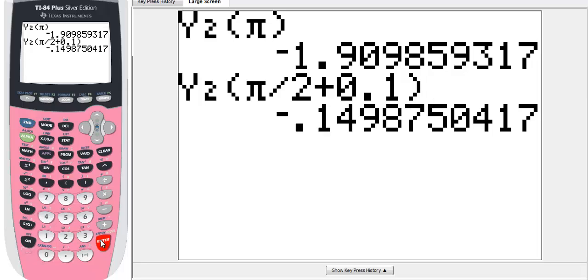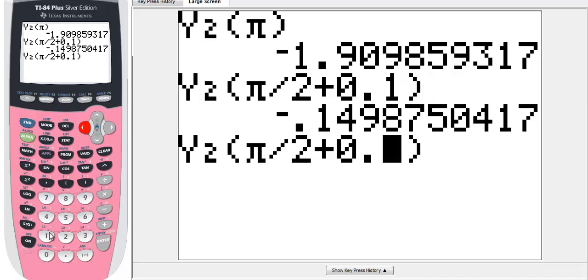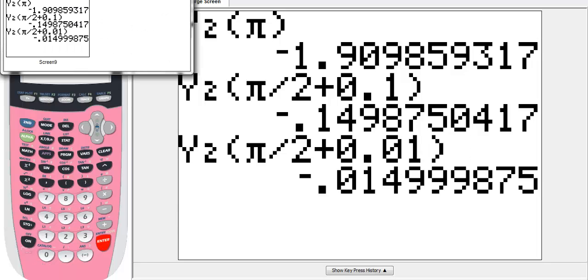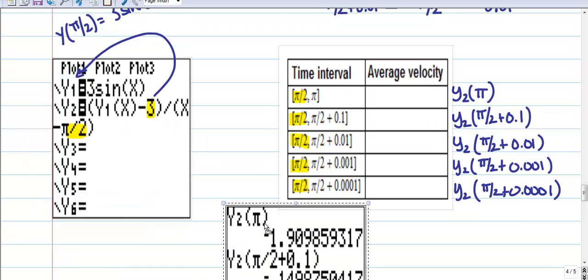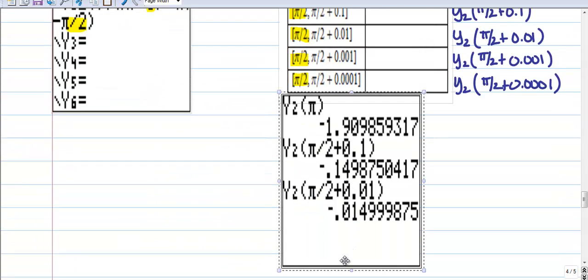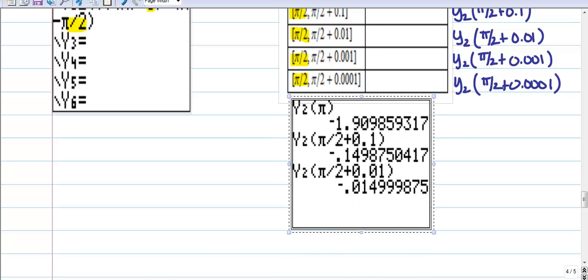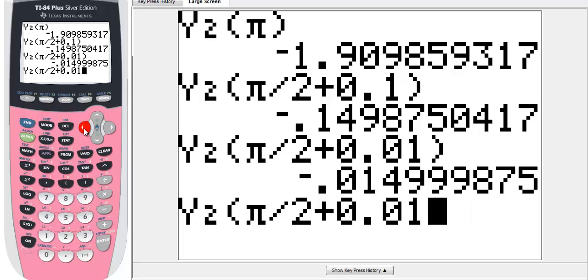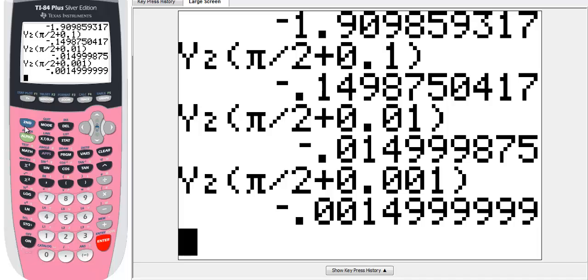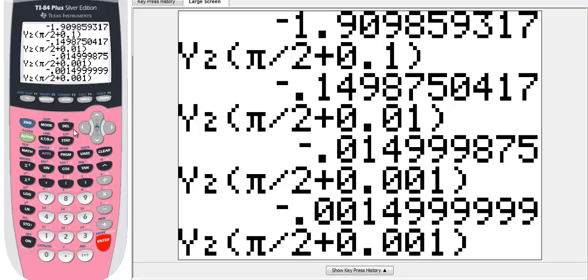And then second enter, just come back in here, add another 0 in there. And then I just have to keep going like that. So I just have 2 more to do. So that probably is the quickest way to do it. So second enter, 2, and then second enter.